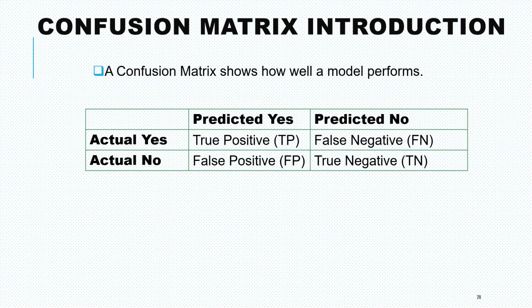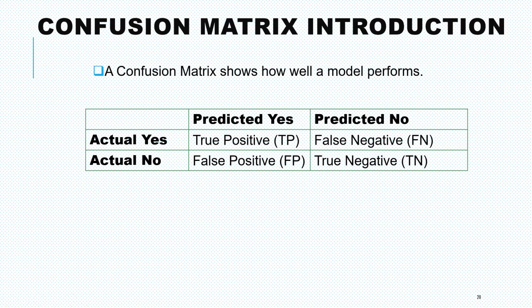Before we even get that, let me ask this. Yes or no, which one is a positive answer and which one is a negative answer? Yes is positive and no is negative. Great.